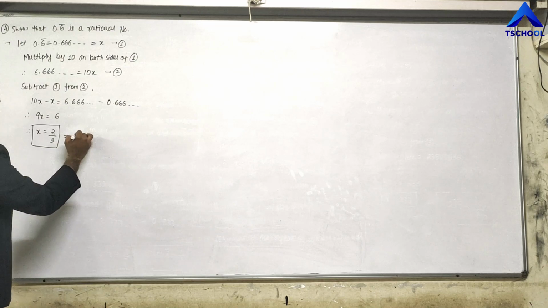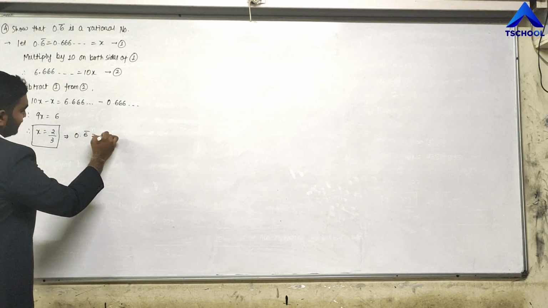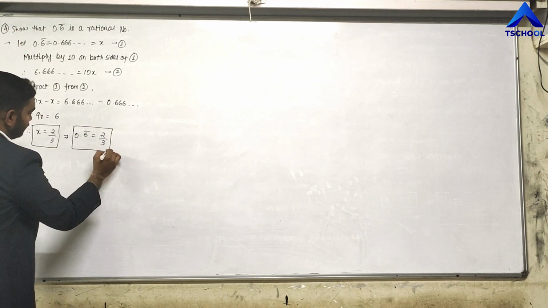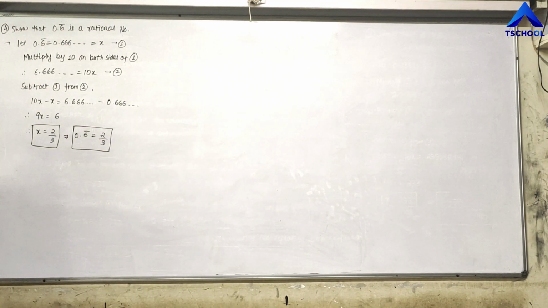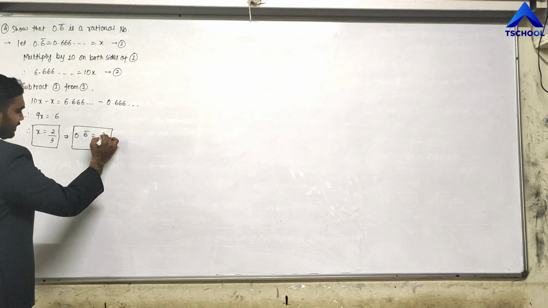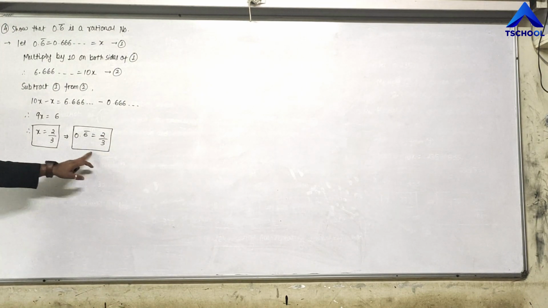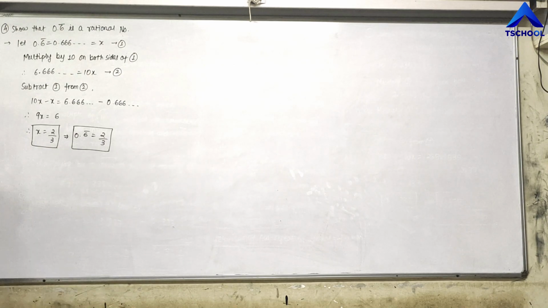That simply means 0.6 bar is equal to 2 by 3. Hence that is our required rational number. Is it clear, friends? Okay.